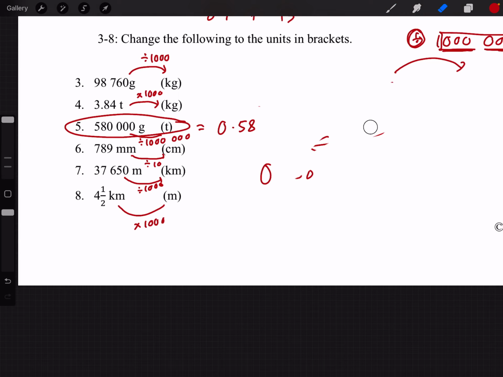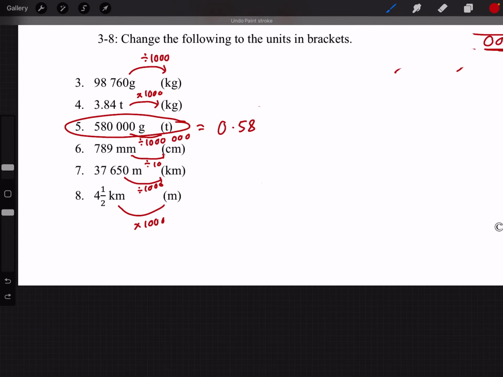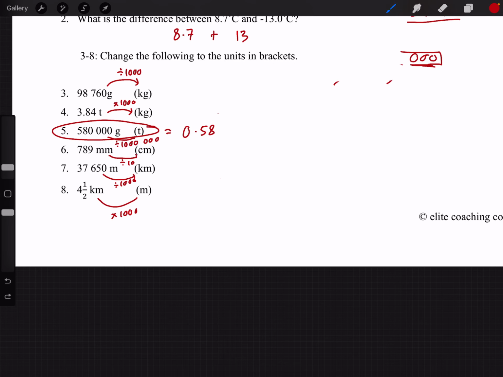Now, you might be wondering where all these numbers come from, like the 1,000 and the times and divide. These come from the conversion rates. For example, 1 kilometer is equal to 1,000 meters. This is something you have to remember.